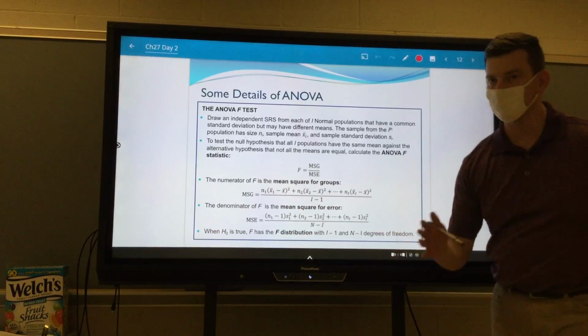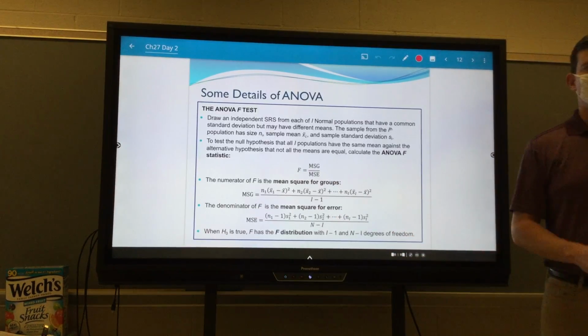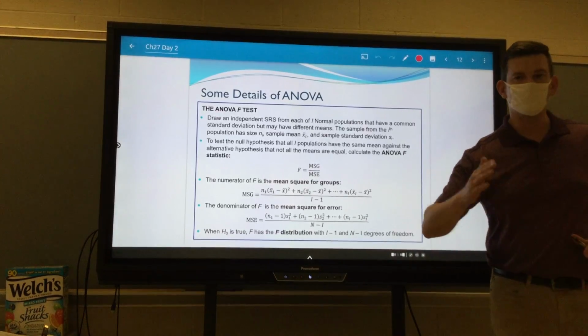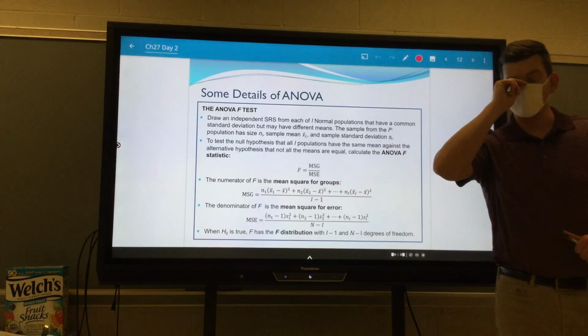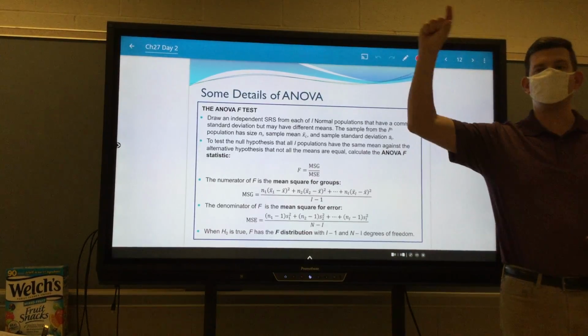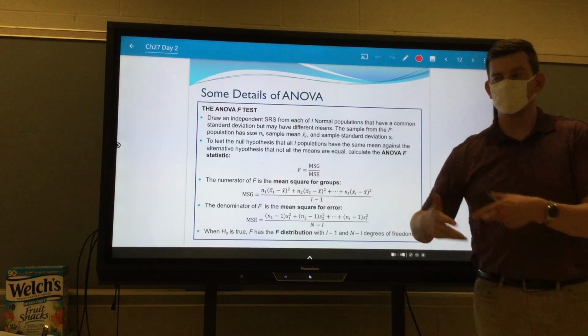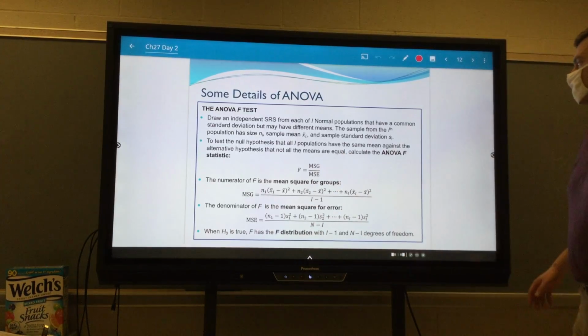If you had the raw data, you would let the calculator perform this for you. That was all of the extra stuff that the calculator gave us last week when we did our ANOVA test. All we looked at the time was F statistic and p-value. Okay, but I'll show you that in a second. All that extra stuff is what's going on here.